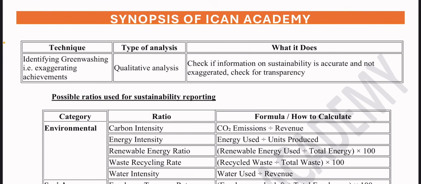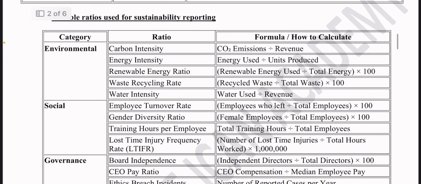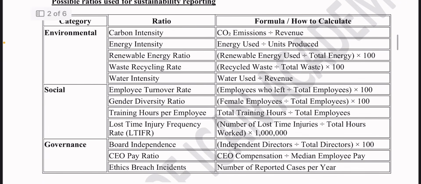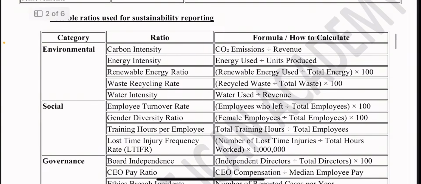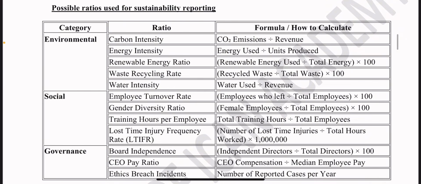Now, just like we said, quantitative analysis involves using ratios and trends. So I included some ratios here for you to see, some possible ratios that could be used to assess a sustainability report, so you can go over it and learn it. I categorized them into the three pillars: the environmental, the social, the governance.